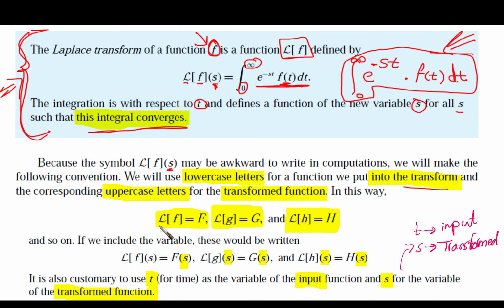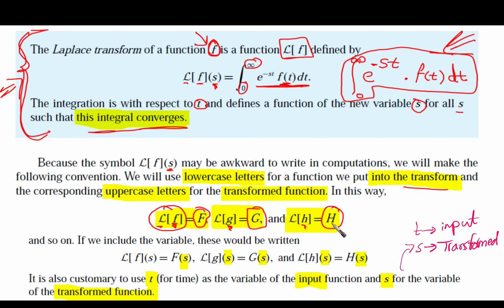In this way, we say Laplace transform of f, lowercase, means that it is the main function. So the Laplace transform of the main function is going to be uppercase F, as you can see, uppercase F. And if we are dealing with an input function g, then the Laplace transform is G. If the input function is h, the Laplace transform is H.